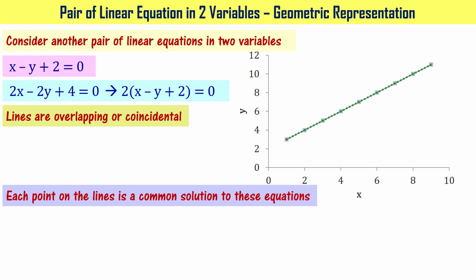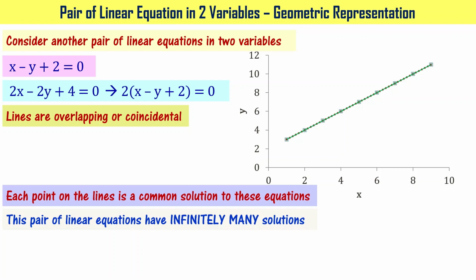And we know that each point corresponding to the point of intersection of the lines is a solution, right? It means each point on these lines is a common solution to these equations, right? So we can say that this pair of linear equations has infinitely many solutions. Any x you take, the corresponding y is a solution for this pair of equations, right?